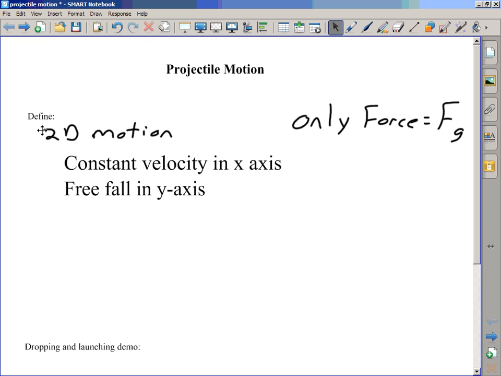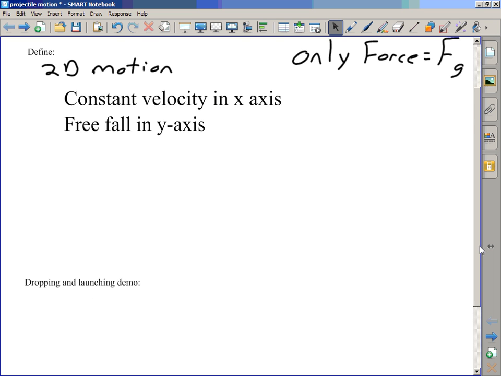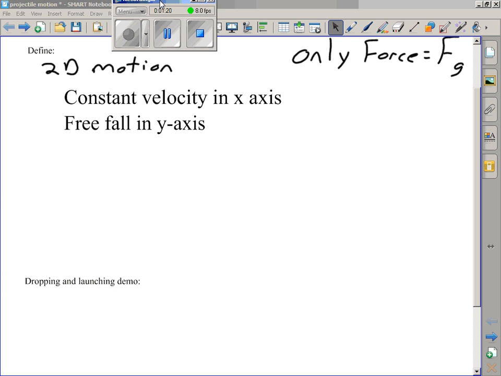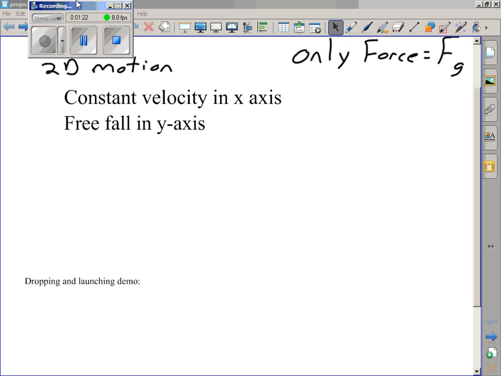Now, since it's technically going at constant velocity in the x-axis, we end up getting a pretty cool idea out of this.